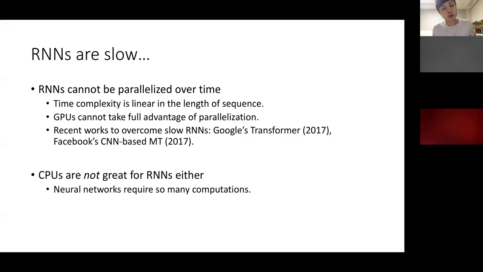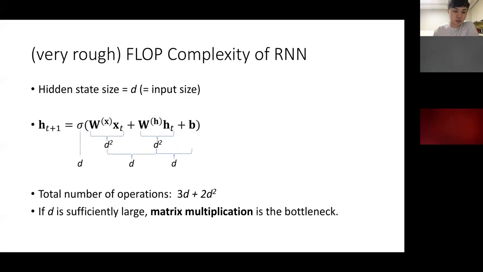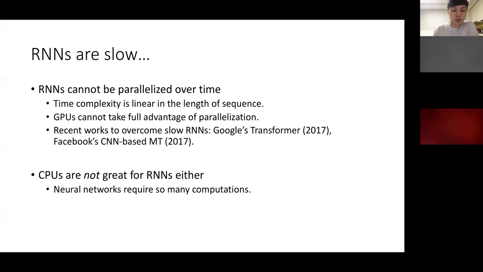But now I also want to point out that CPUs are not that great for RNNs either. Of course GPUs might not be that great because you cannot take full advantage of parallelization, but CPUs are also not that great because neural networks require so many computations, and usually CPUs are quite slow anyway.